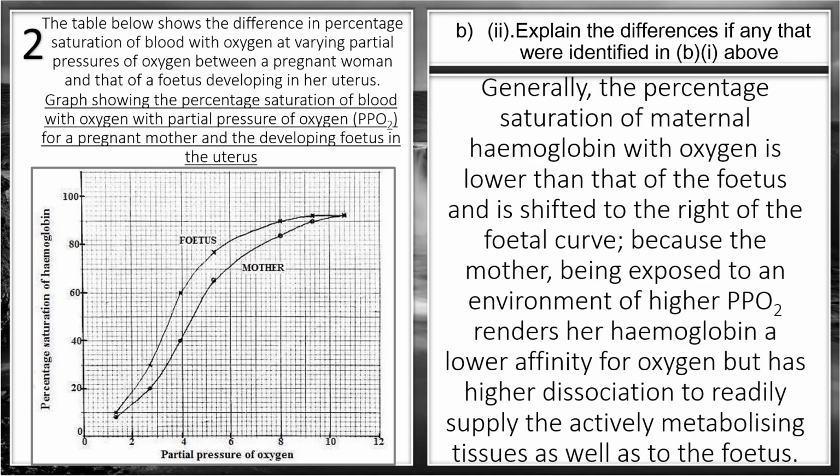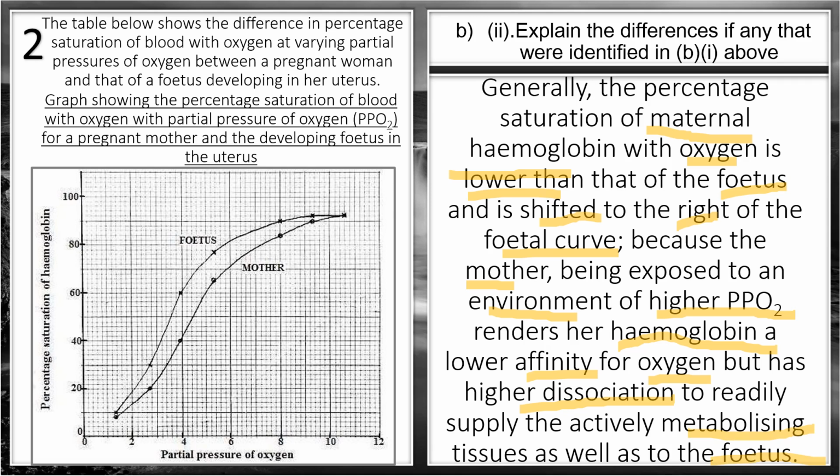Generally, the percentage saturation of the maternal hemoglobin with oxygen is lower than that of the fetus and is shifted to the right of the fetal curve because the mother, being exposed to the environment of higher partial pressure of oxygen, renders her hemoglobin a lower affinity for oxygen, but has a higher dissociation to readily supply the actively metabolizing tissues as to the fetus.